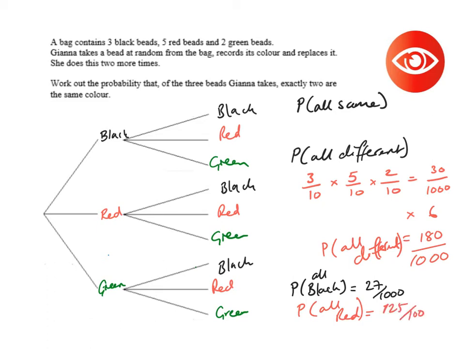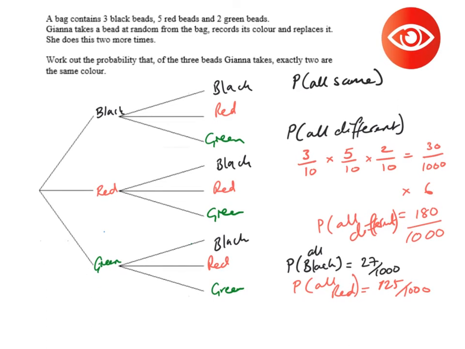And then the probability of them all being green is going to be 8 over 1000. So I've got my different answers so far: all different, all black, all red, all green.